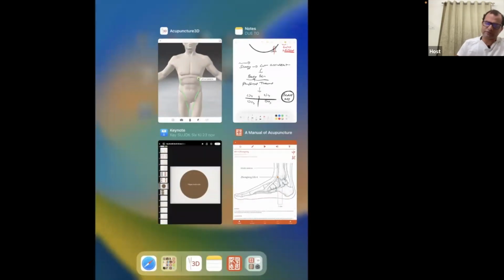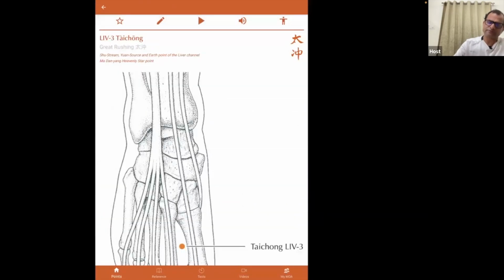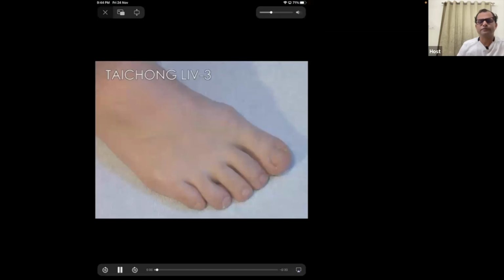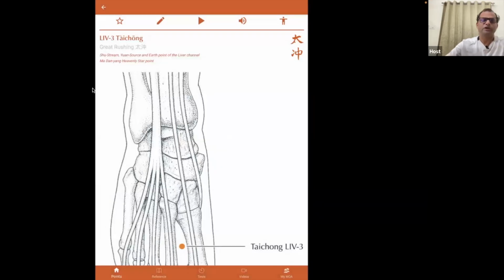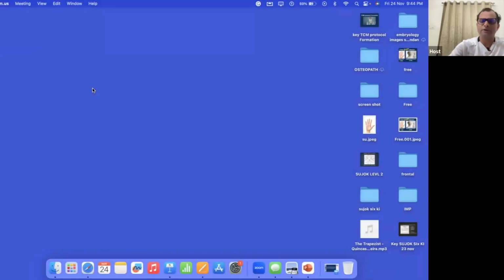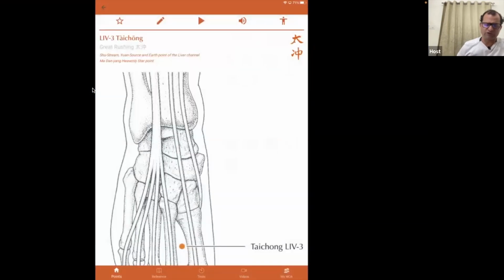So just we have seen here the liver 3 point located here. ये हमारा लिवर 3 पॉइंट है, यहां पर आपको लगाना है. And also we know the location of Li4. Li4 is a very famous point.